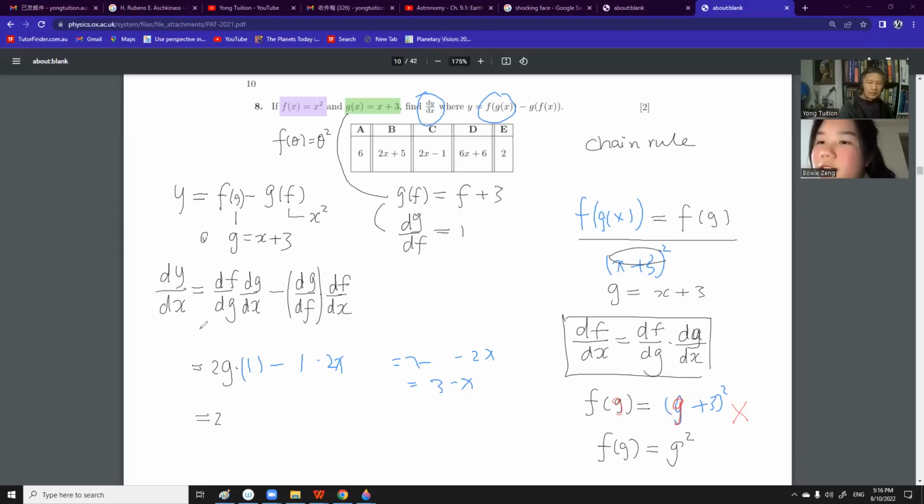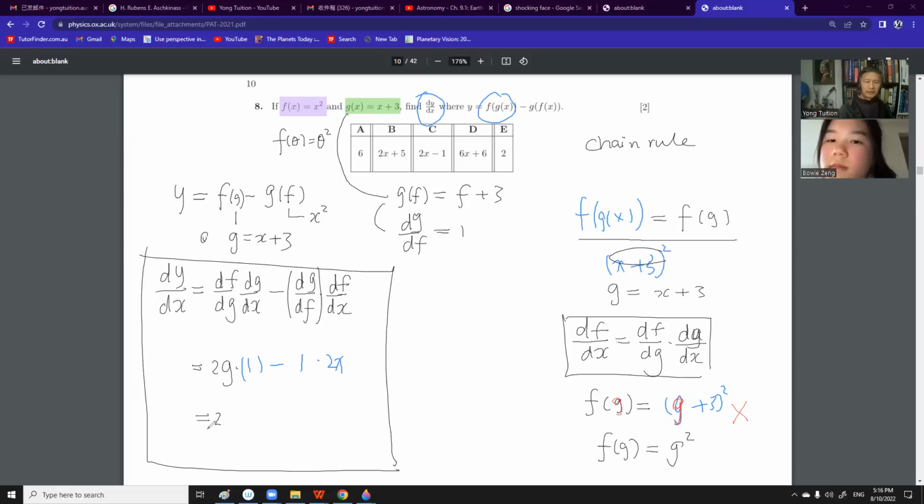Yeah, a stupid mistake. You can finish all this in this square. The two x cancel. Yes, we got one answer. Which one? A. Yep. Good.